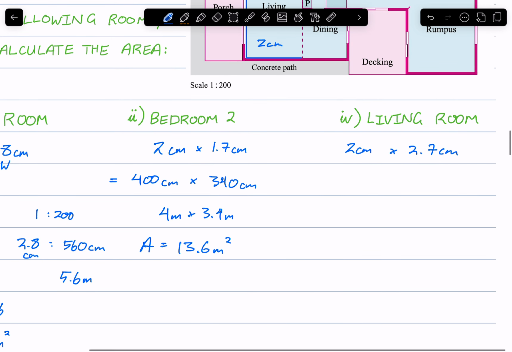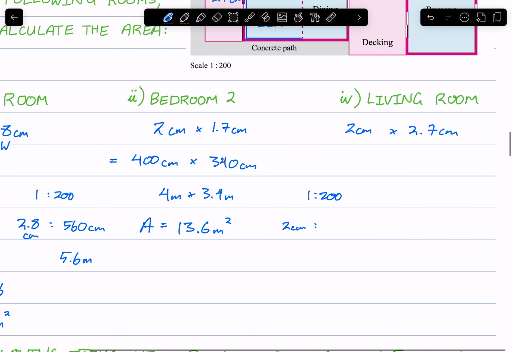Now applying our scale, I'll do this the long way again. Our scale was 1 is to 200, and we want to make this 2 centimeters. For 1 to become 2, we've multiplied by 2, so we multiply this side by 2 as well. So this becomes 400 centimeters.